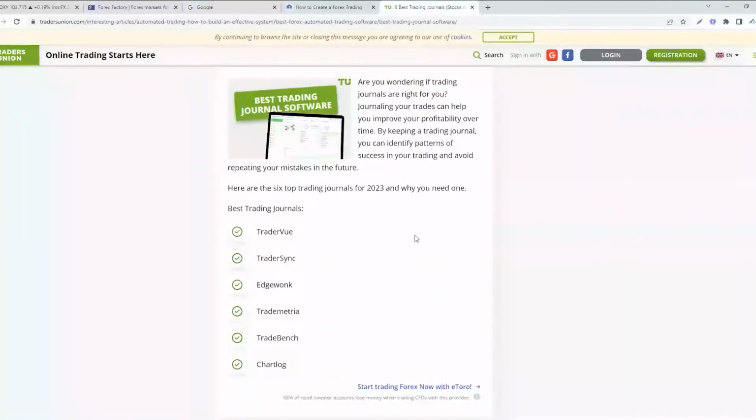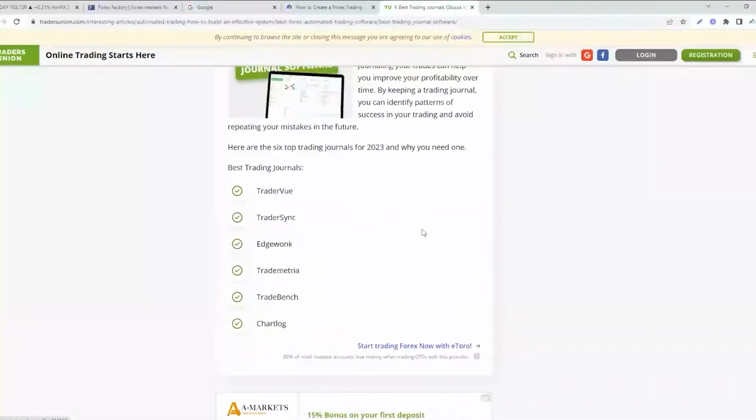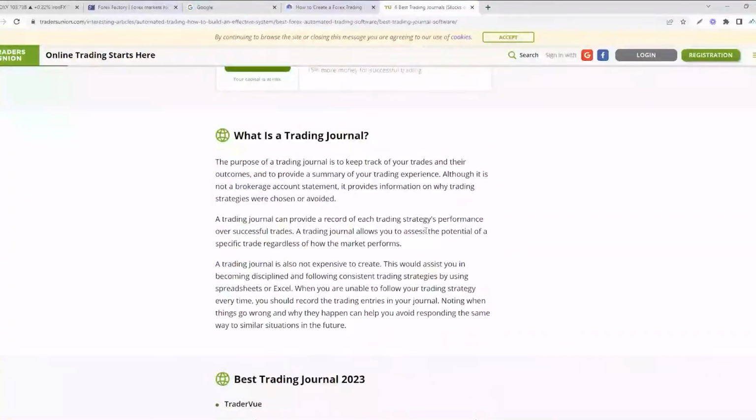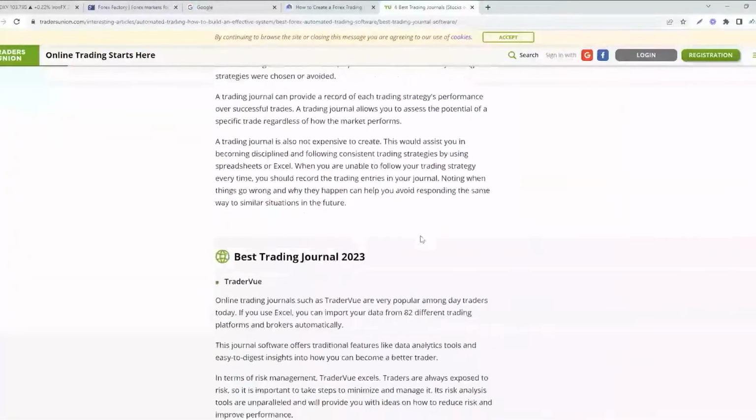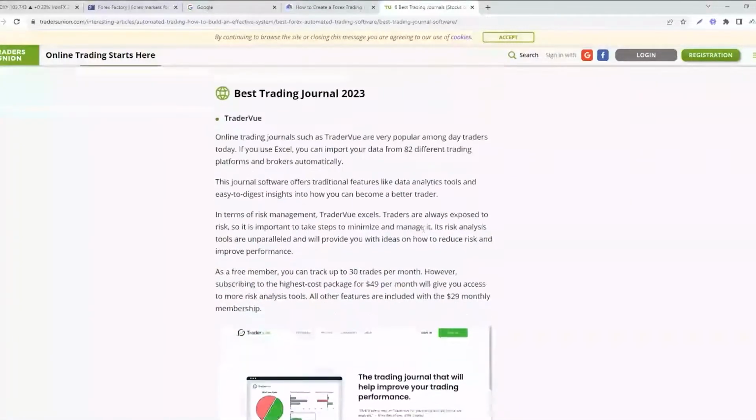Of course, you're free to Google and do your own research and try to find the right trading journal for yourself. But this is just an example of what is currently available in the market, and you can look through this website, and of course Google for other websites as well, to find out what they are offering and how you can incorporate it with your broker.